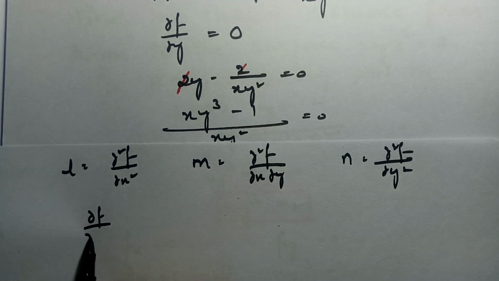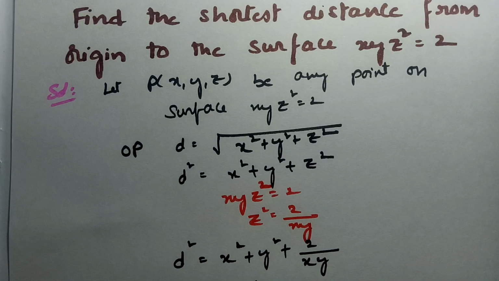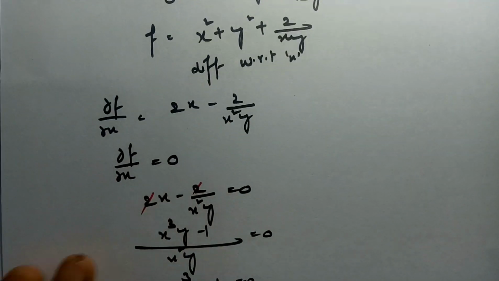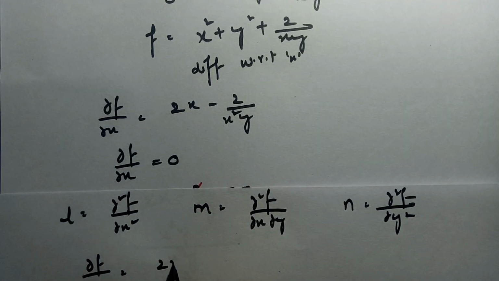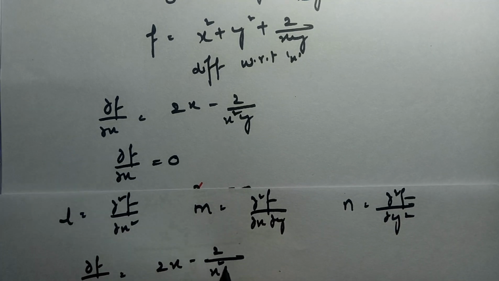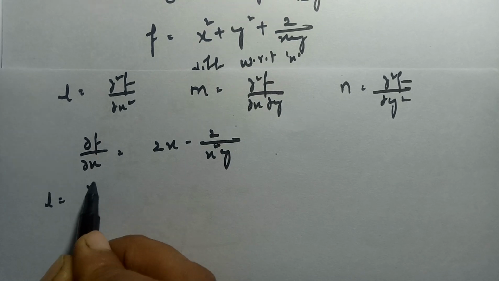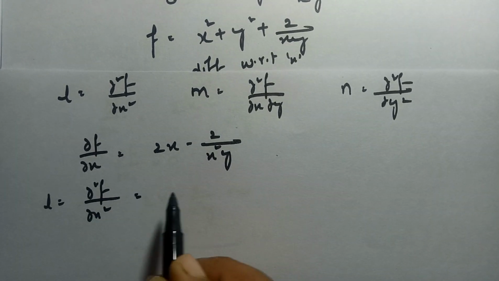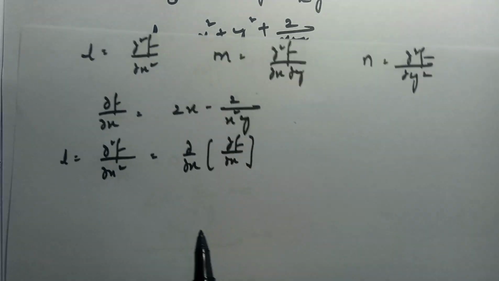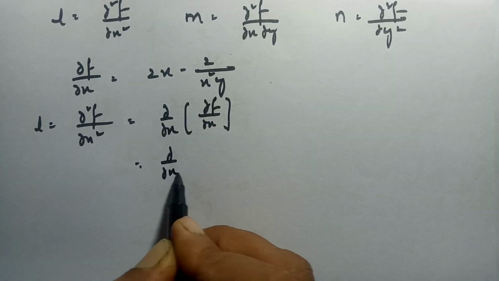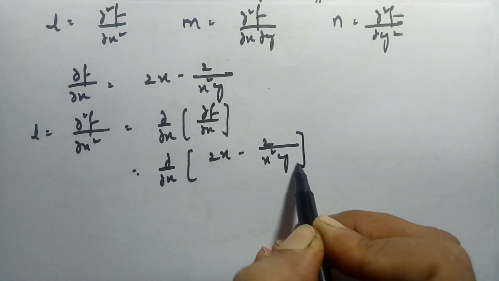What is dou f by dou x value? Our dou f by dou x value is nothing but, see here, it is 2x minus 2 by x square y. So again, for L I have to differentiate one more time, that is dou by dou x of dou f by dou x, which is equal to dou by dou x of 2x minus 2 by x square y.